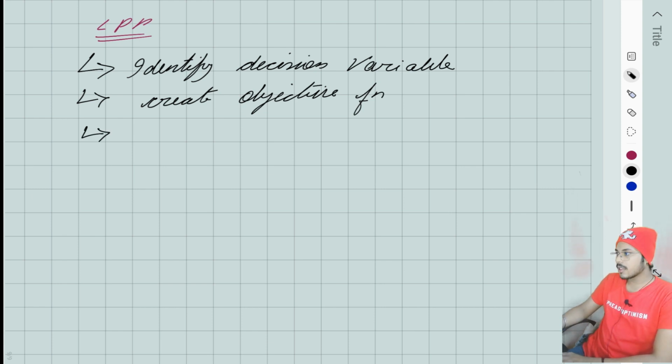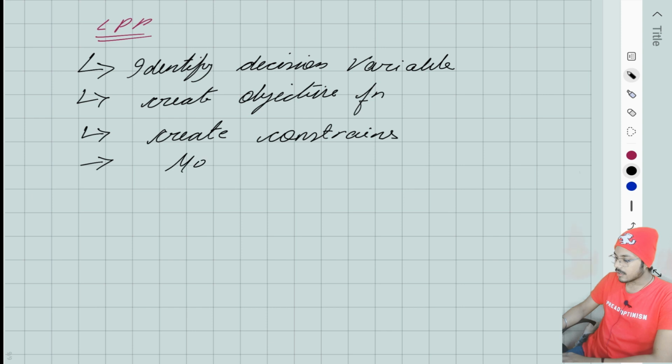Next, create constraint. M1, M2 is a constraint, 400 minutes and 600 minutes. Next, the model that is a square that I made.